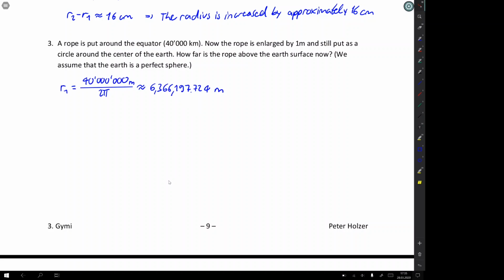The radius is calculated like before as the circumference divided by 2 pi, and we use for the circumference the 40 million meters. So we use it in meters and we get this result here. For the second circle with the enlarged rope, the circumference is 40,000,001 meters, so we get this radius here.